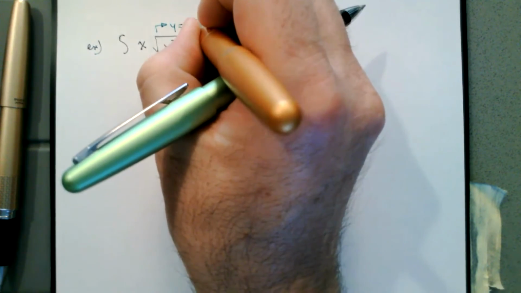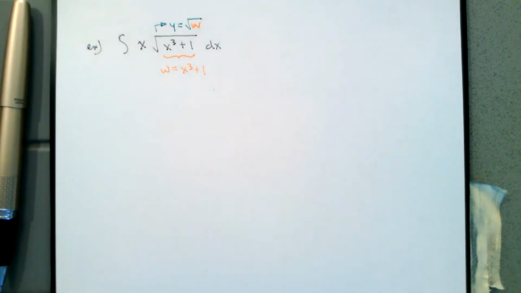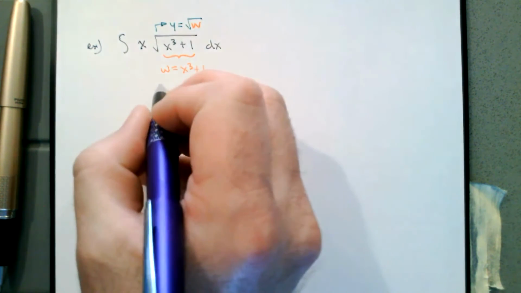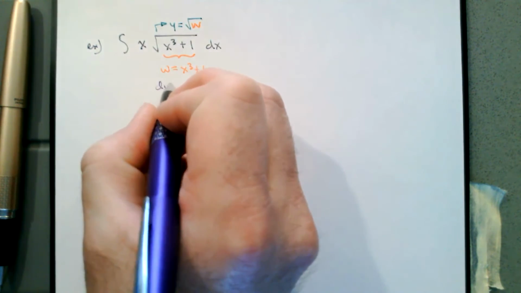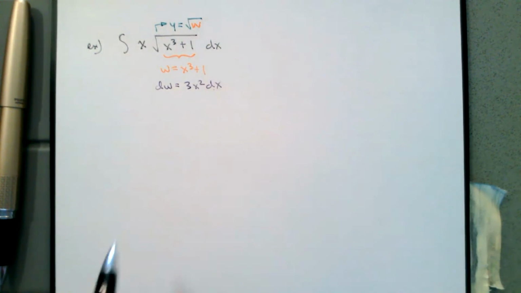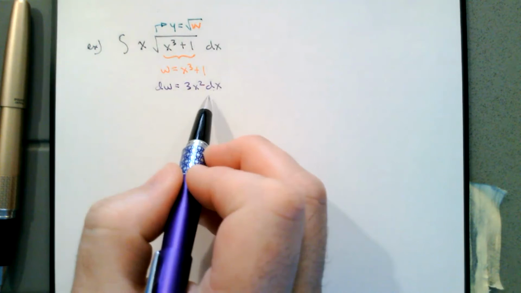We're integrating a square root function. Now we say to ourselves, what do I need to make this substitution work? I need dw to be 3x squared dx.